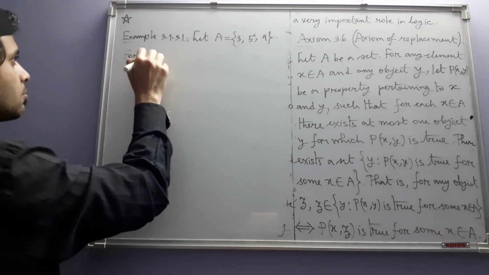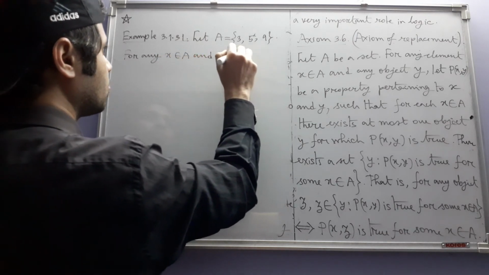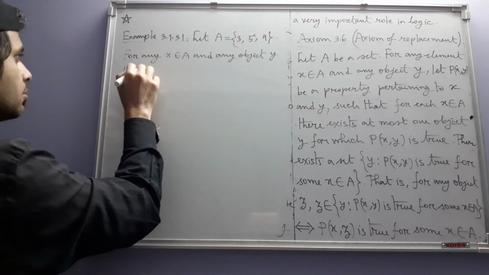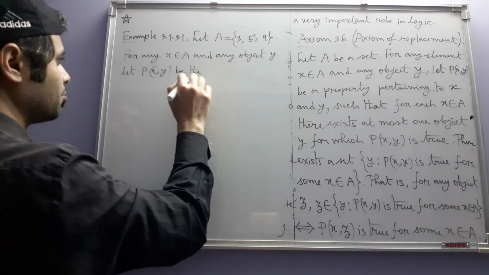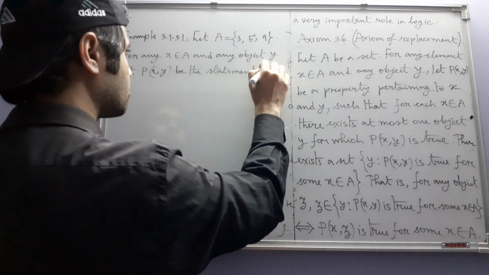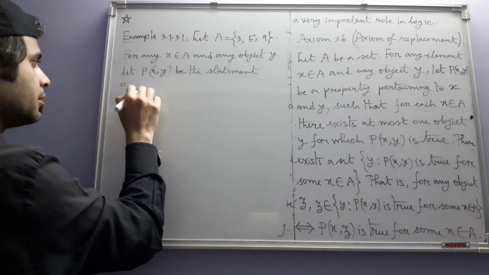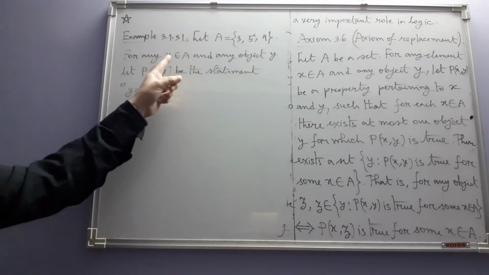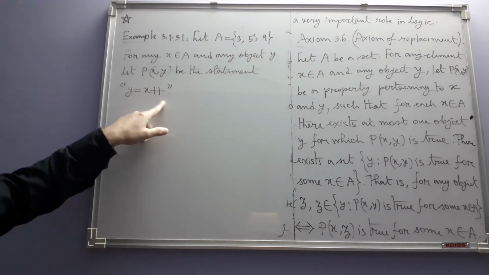For any x in A and any object y, let P(x, y) be the property or statement, same thing, that y is the successor of x. Because x is a natural number, I am choosing x from A, so I can talk about its successor.